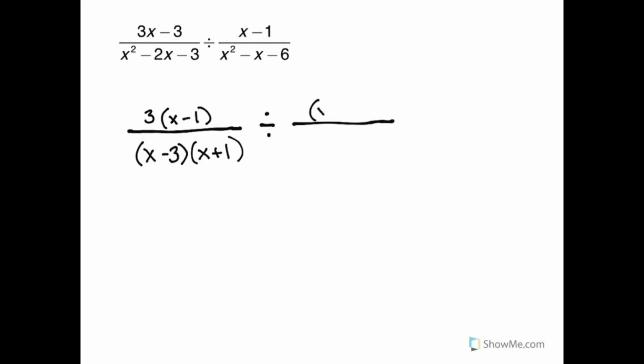This x minus 1 here can't be factored further, but x squared minus x minus 6 can. Each factor begins with x, and 6 is 3 times 2. One is negative and one is positive, and I know 3 is the negative one because I want to get negative 1 when I add them together.